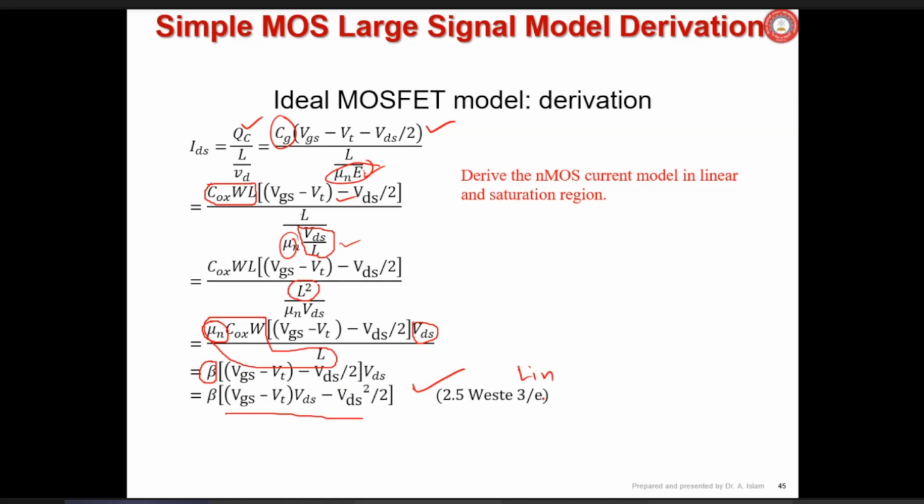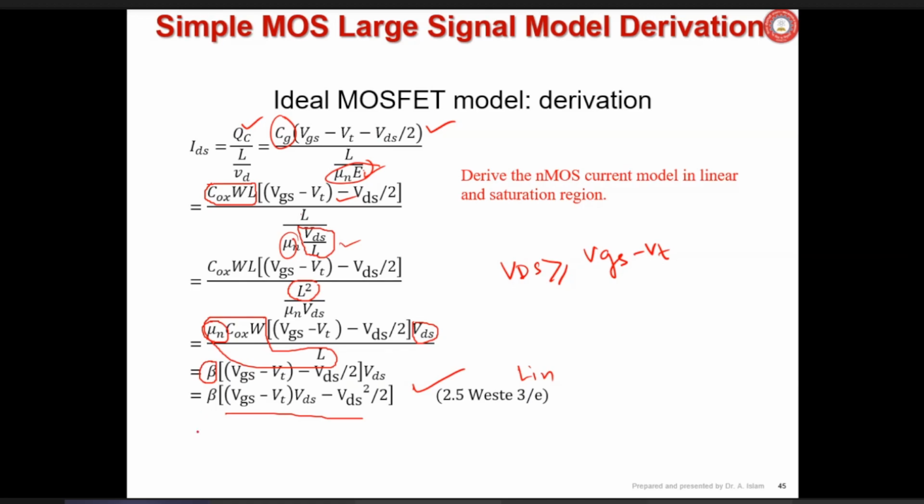Now, how to get the equation for the saturation region? Can you get it? From there, we have got the condition VDS greater than or equal to VGS minus VT. If we use this equality, will you get the equation?